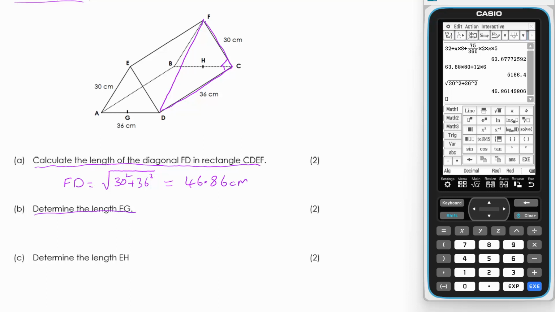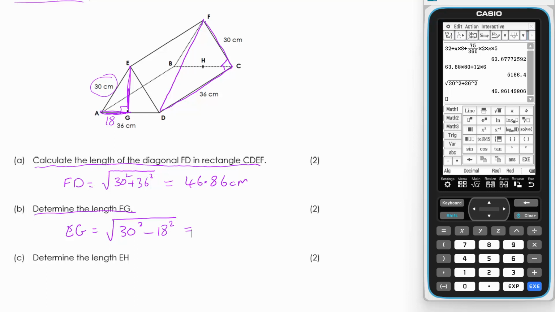Determine the length of EG, which is this down here. Now note, in this right-angled triangle, the 30 is the hypotenuse. So EG would be the square root of 30 squared minus, now note that that is half of the 36, so that's 18.